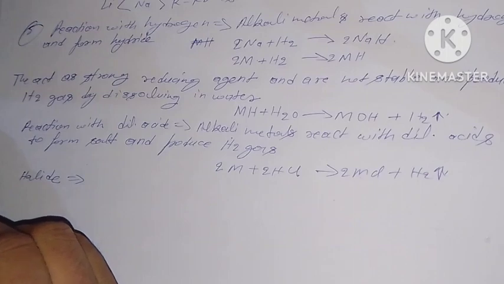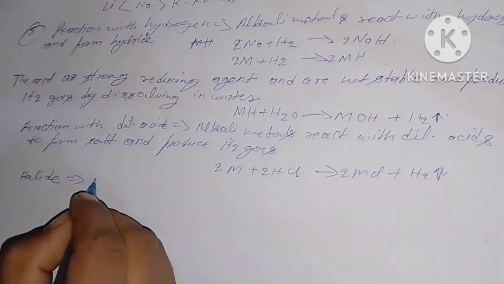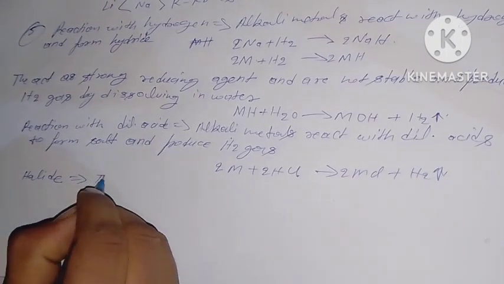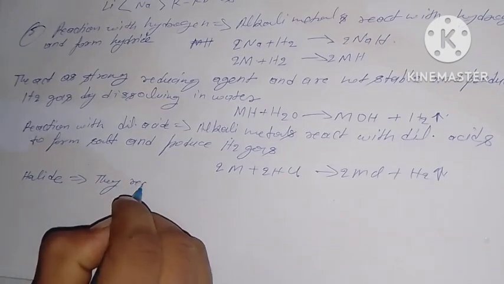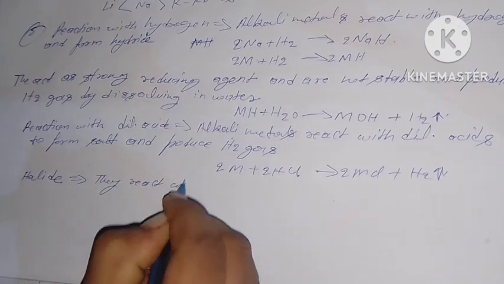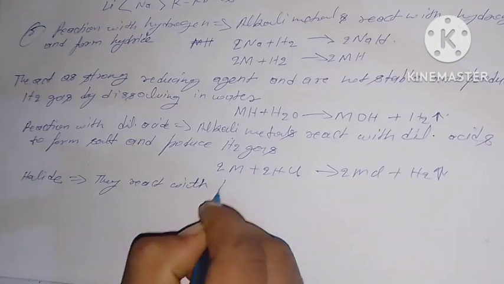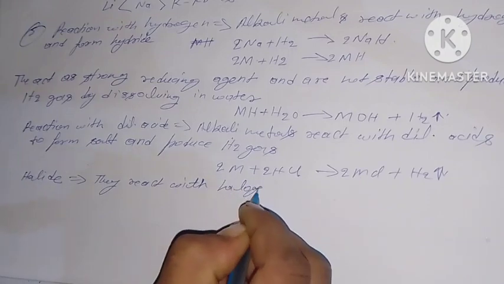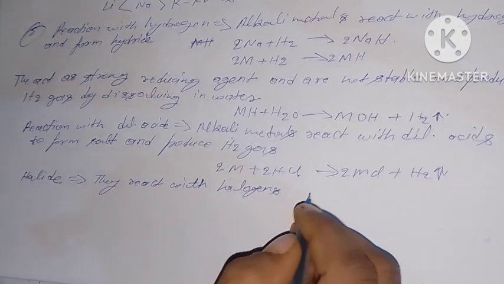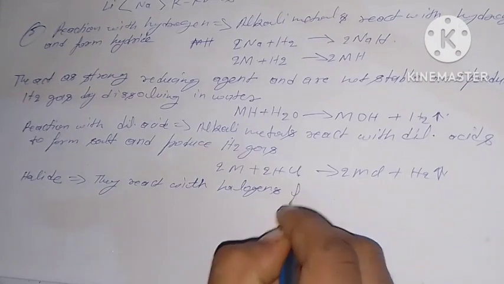Alkali metals react with halogens, forming halides.